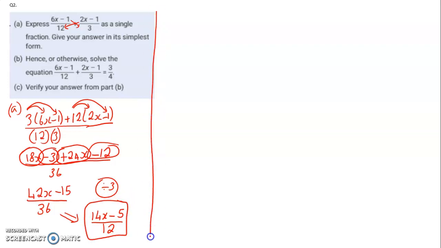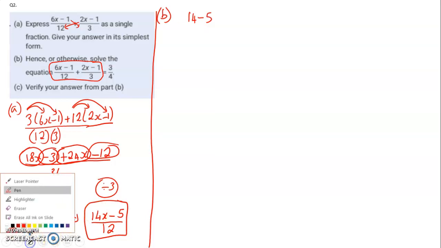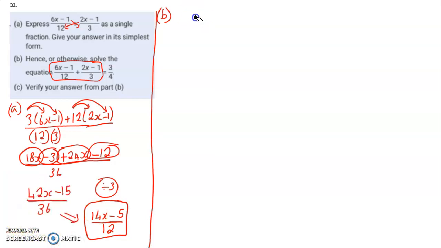Then for part B, hence or otherwise, so using the previous answer from the previous part, solve this equation here. So we now know 6x minus 1 over 12 plus 2x minus 1 over 3 is equal to 14x minus 5 all over 12.